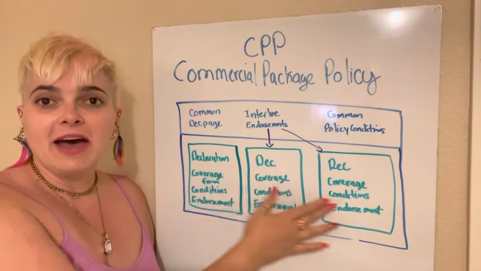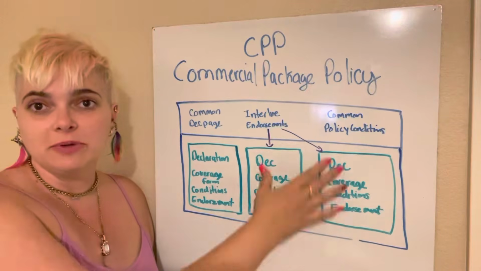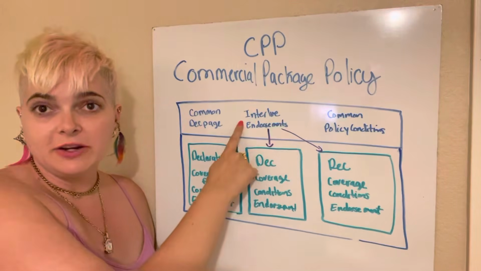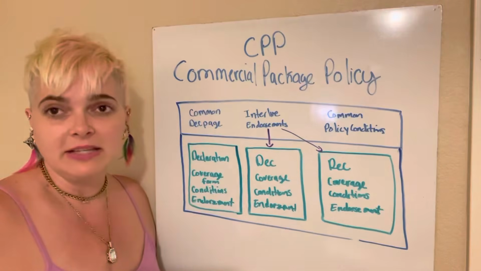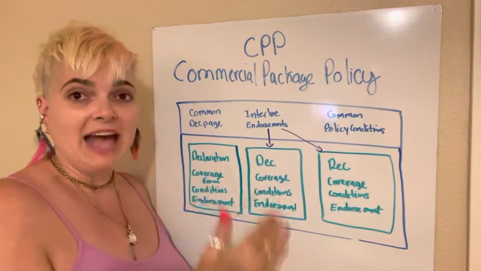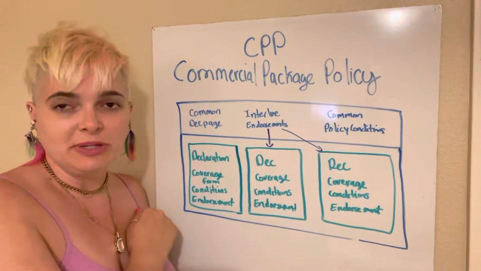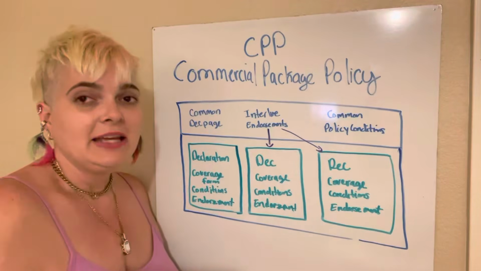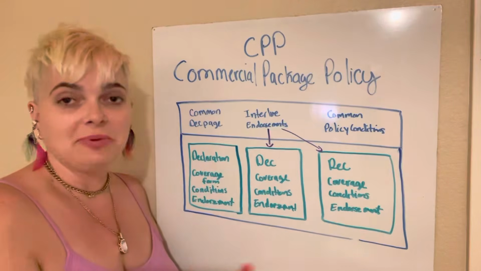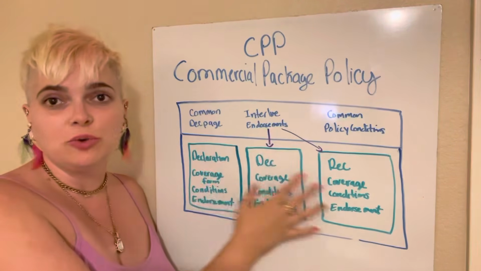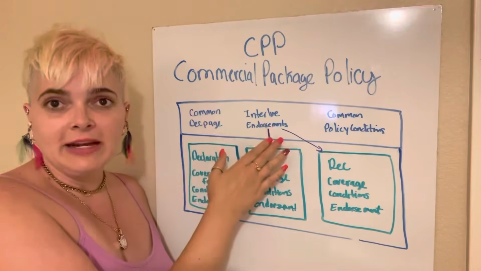And instead of having the 2 separate policies typed out with their own endorsements, they're going to group them all together. The endorsements that match more than one of the policies will be typed up in interline endorsements. It's just a way to streamline instead of typing all the different endorsements on every different policy. If you group the ones together that are in 2 or more, they are interline endorsements.